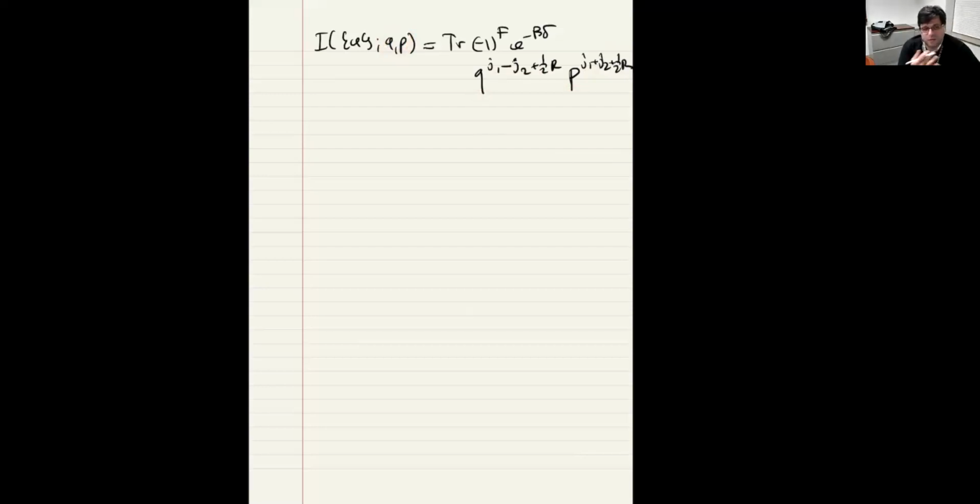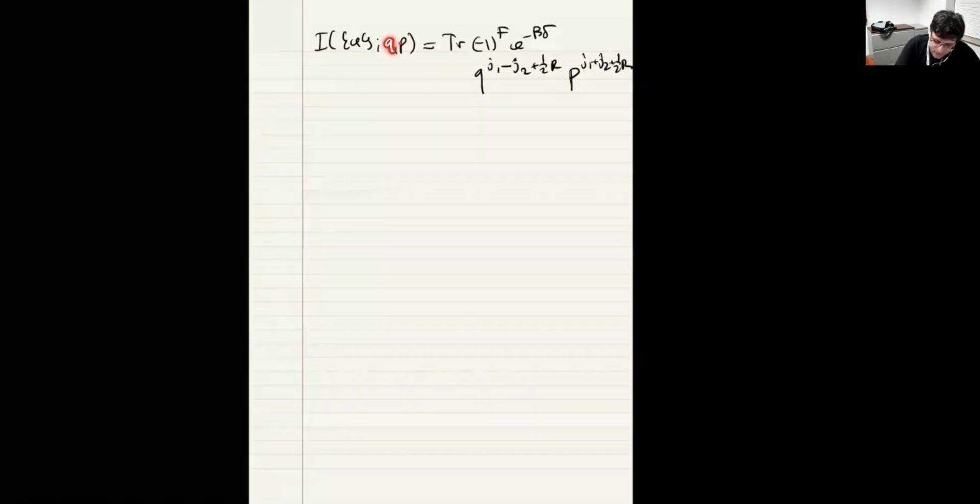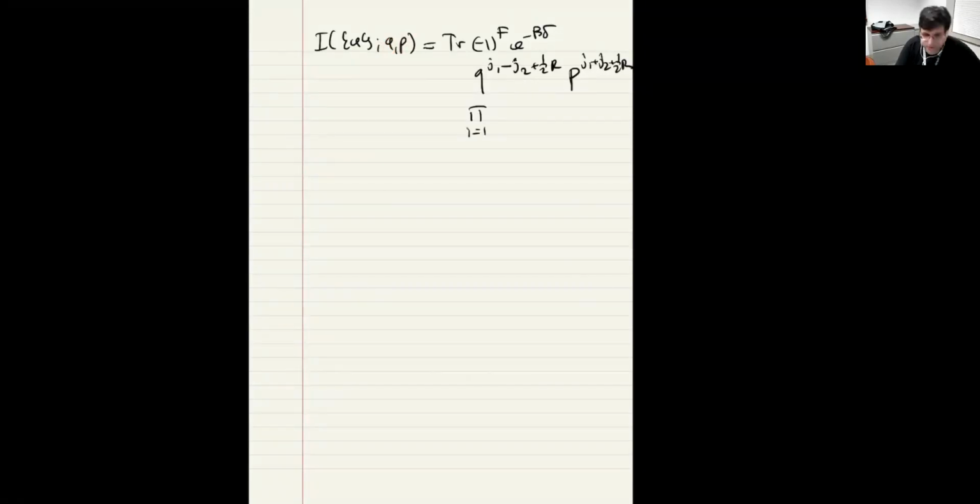So any N=1 supersymmetric theory, when we compute the index of it, can depend on two parameters, and these two parameters are usually called Q and P. And then, as in the case of a general definition of the Witten index, we can have a collection of other fugacities. The other symmetries that we can have are global symmetries of the theory.